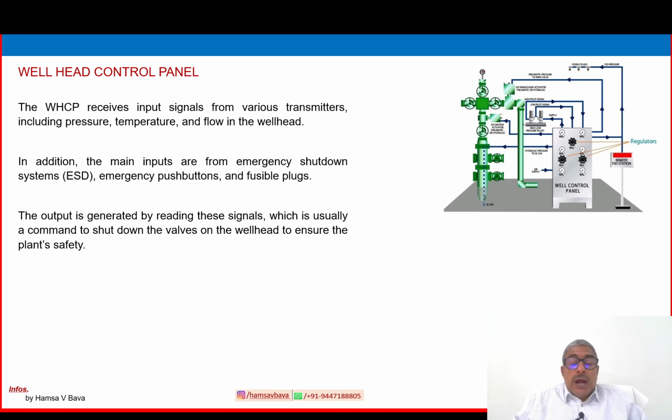The output is generated by reading these signals, which is usually a command to shut down the valves on the wellhead to ensure plant safety. So the output is generally a signal which is taking an action. All ESD system outputs are a result of either closing a valve, opening a valve, or stopping a pump or a compressor, running equipment, etc. That is the action from the ESD system.